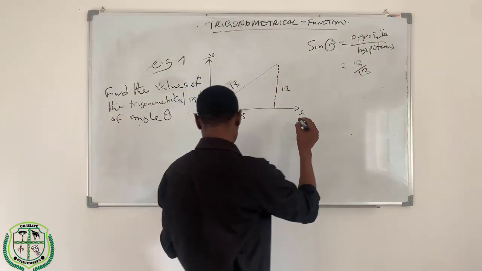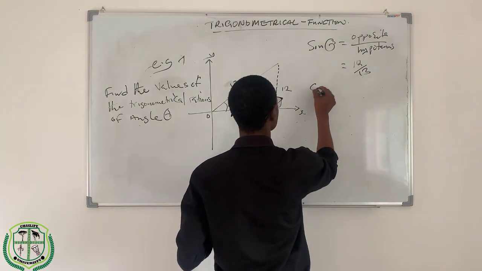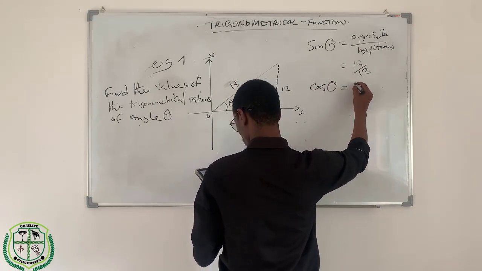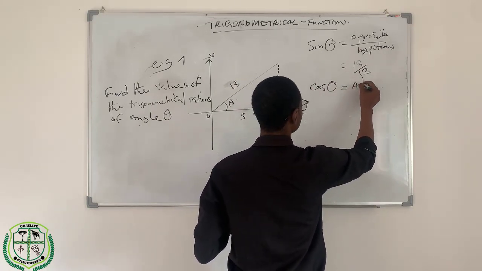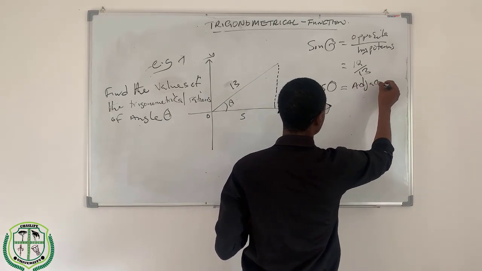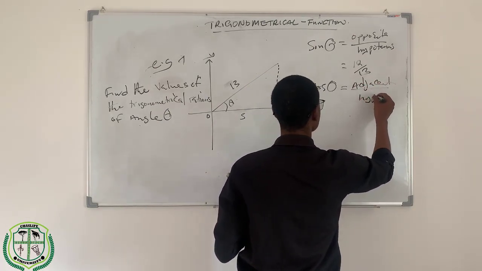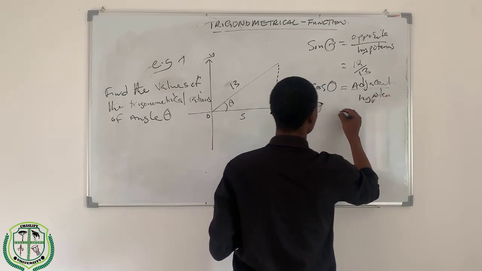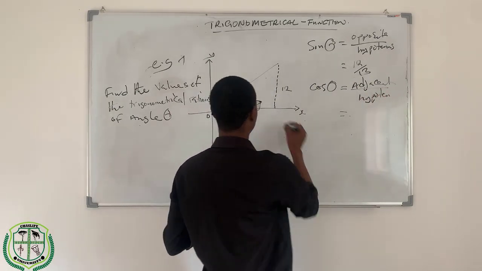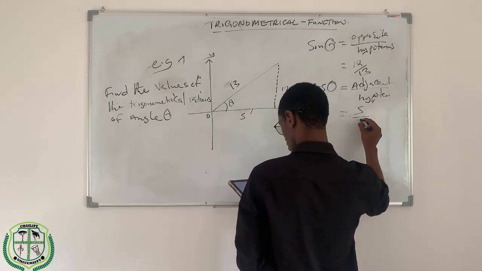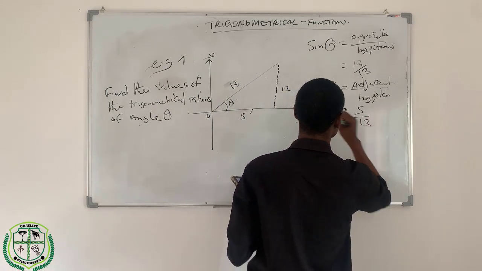Then when we go to cos theta, our answer will be, we know that cos theta is adjacent over hypotenuse. So our answer will be, of course, adjacent is this one. So 5 over 13, okay?